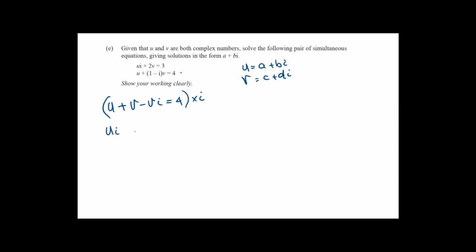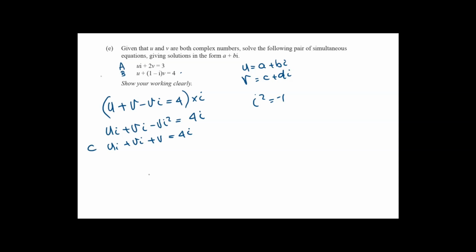So Ui plus Vi minus Vi squared equals 4i. i squared is negative 1, so this is Ui plus V plus V equals 4i. I'm going to call this equation A, this B, and this one is C.